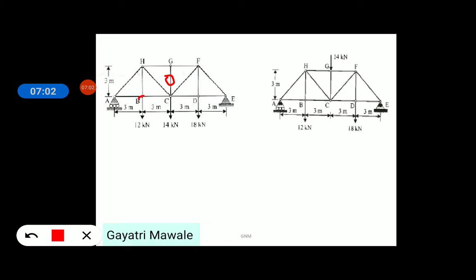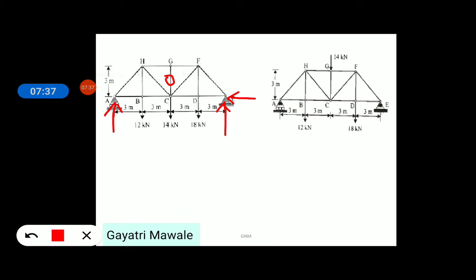If you look at joint B, then at joint B, the force in the AB member will be balanced by the force in this BC member. This 12 kilonewton will be balanced by the force in this vertical member. So there is no zero force member at joint B. Same way for joint D. If you draw the support reaction for this roller, it will be vertically upward, and for this hinge there will be two support reactions.